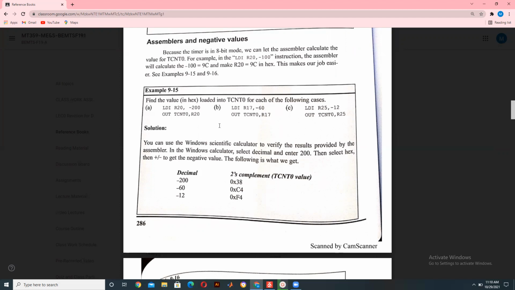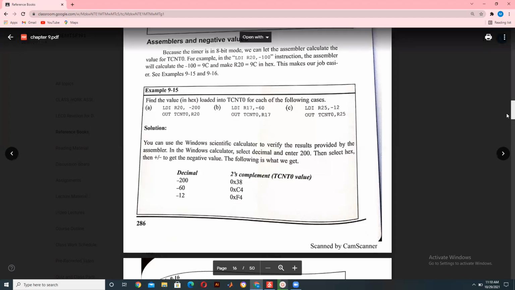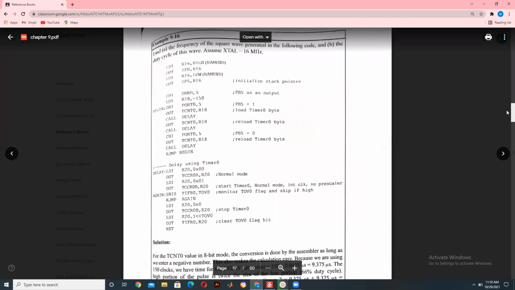Simply, in this we find the values in hex loaded into the registers, so we would be changing these values that are given to the different registers into hex, and say minus 60 is equal to 0xC4, and minus 12 is equal to 0xF4.